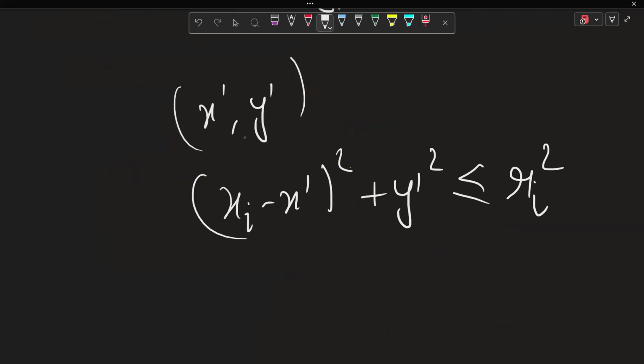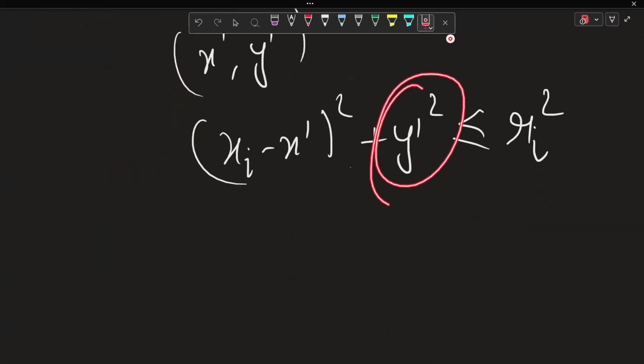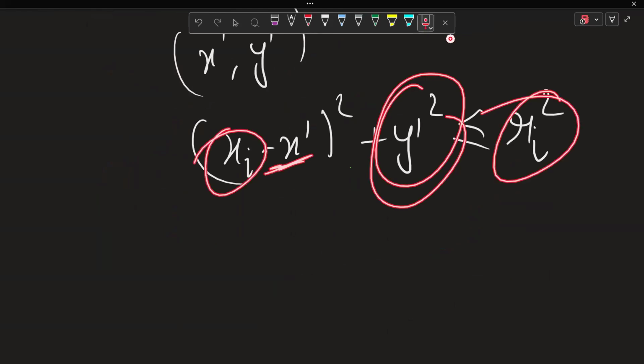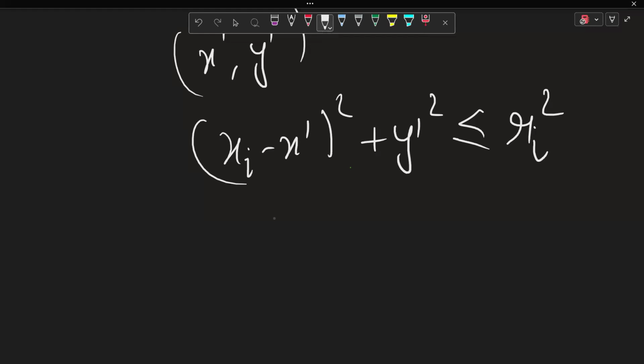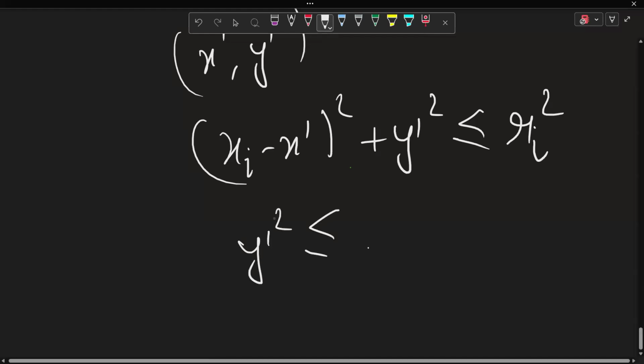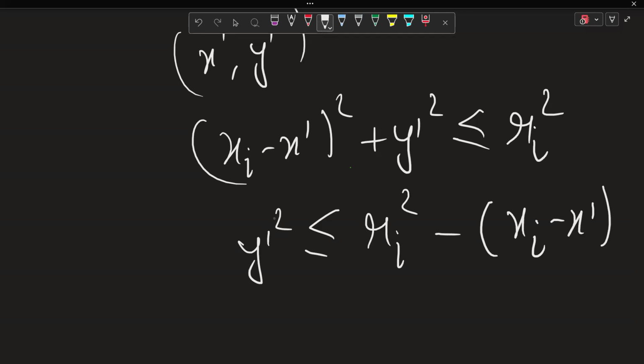plus y dash square should be less than equal to ri square. This is the condition. Your x dash is fixed and xi, ri are already fixed, so you want to maximize this thing. So your y dash square should be less than equal to ri square minus xi minus x dash square.